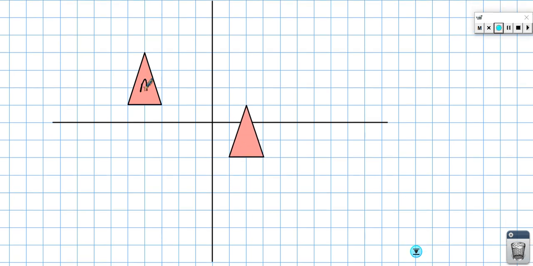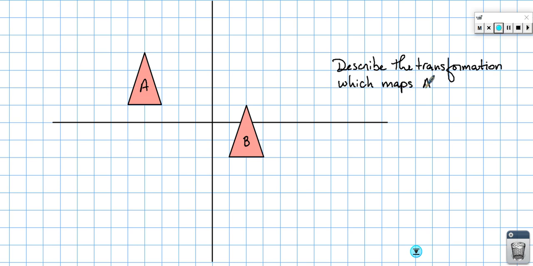Let's say this is shape A, let's say this is shape B. We need to describe the transformation which maps A to B.